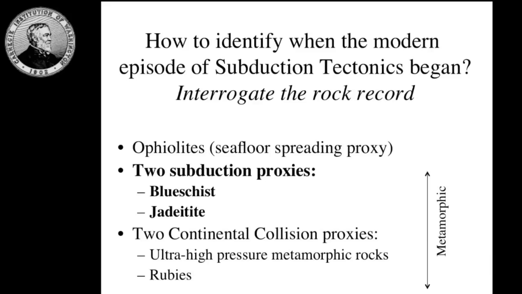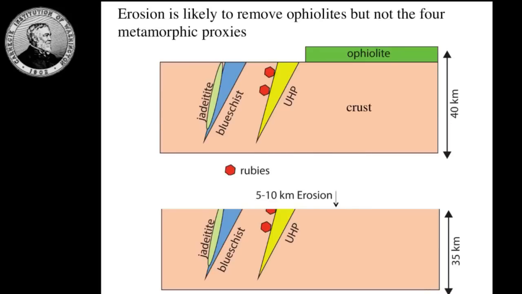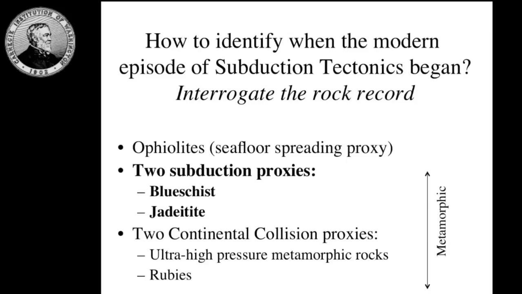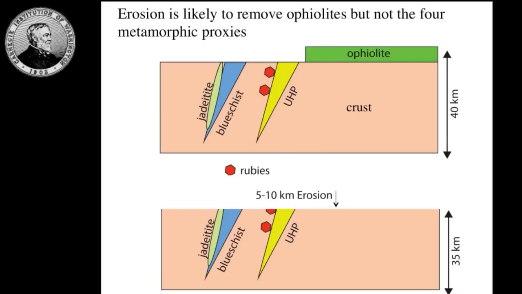All right, let's move to subduction proxies. Blue schist. Actually all 4 of these left are metamorphic rocks. And so you can say, well, look, Bob, the problem with ophiolites is you have a little bit of erosion and it's all gone. So the older the rocks are, the more likely they've been eroded off. Okay, that's true. But for the other 4 things I'm going to talk about, blue schist, jadeite, ultra-high pressure metamorphic rocks, and rubies, erosion just exposes more of it.